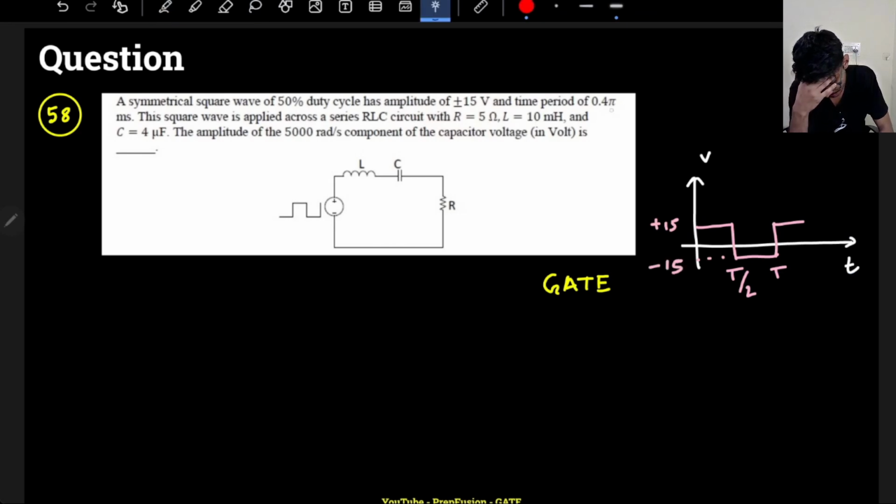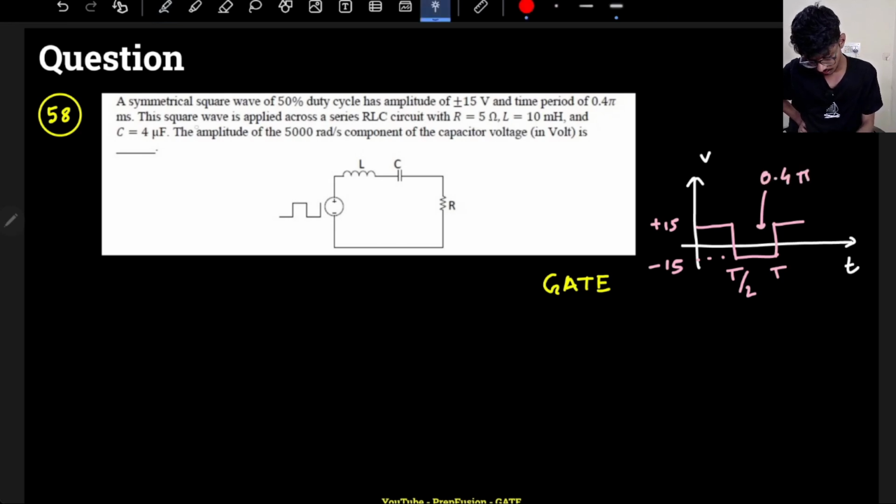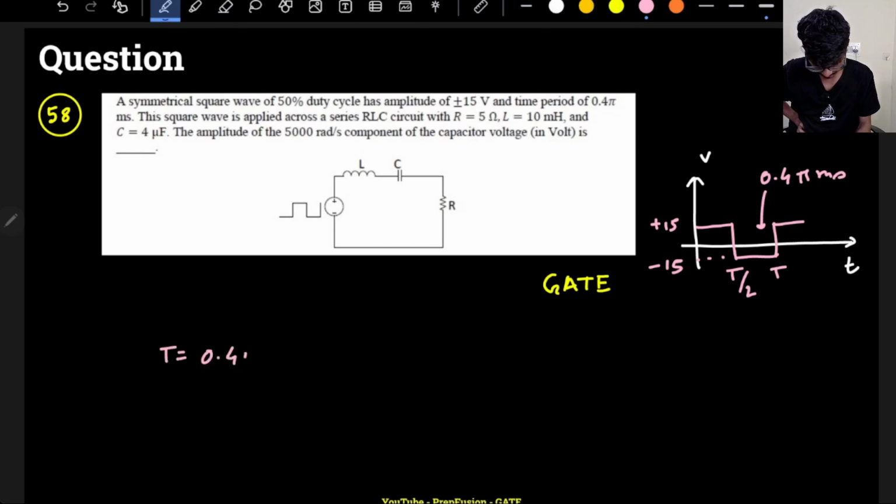And it has a time period of 0.4 pi milliseconds. Time period means the whole repetition. So I will write the things here: T is 0.4 pi milliseconds. Can you find out the frequency? We know T is equal to 2 pi by omega. So omega will be equal to what?